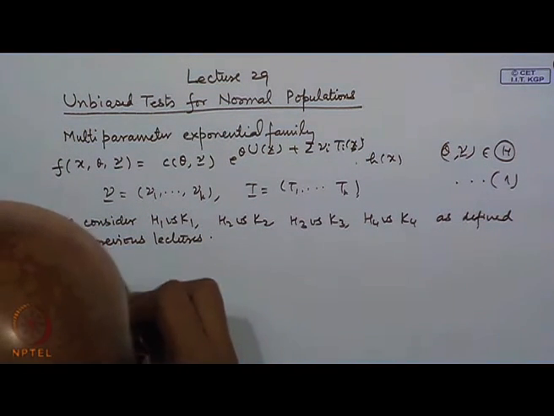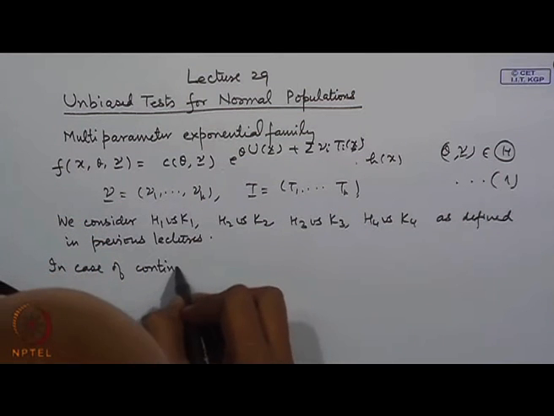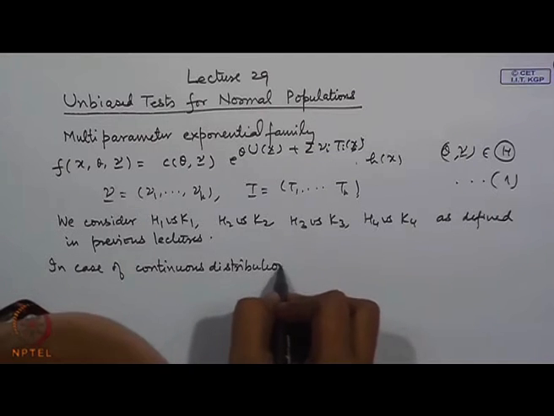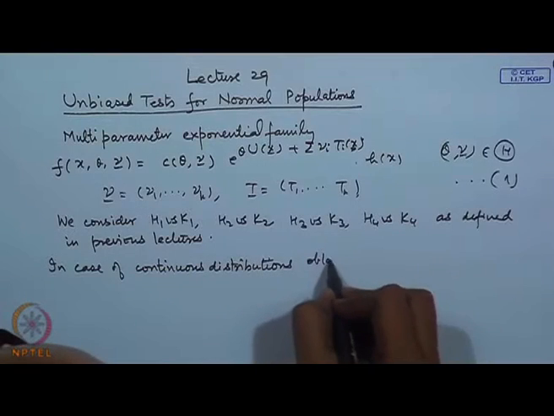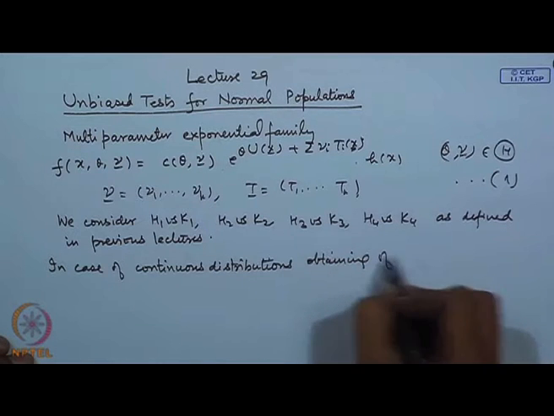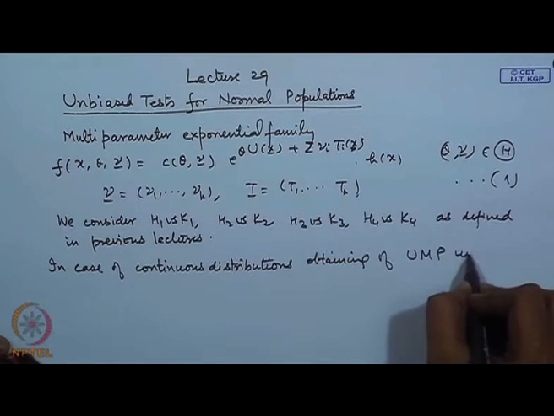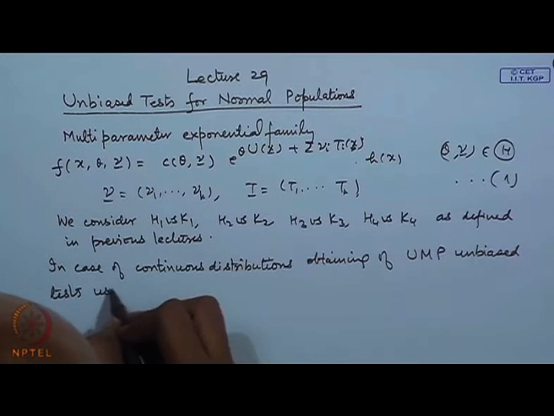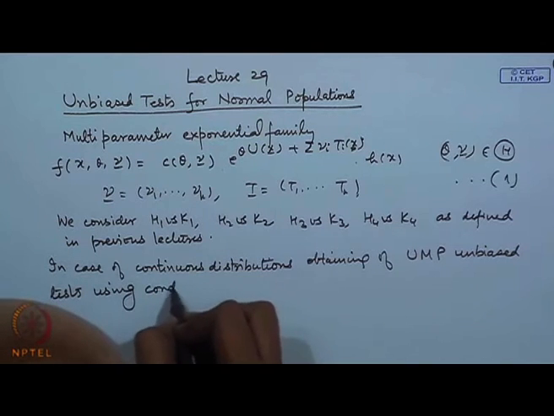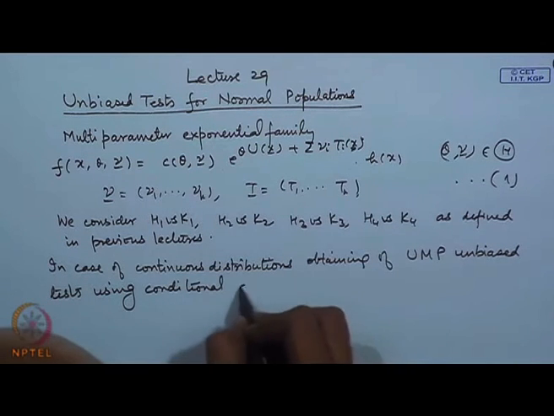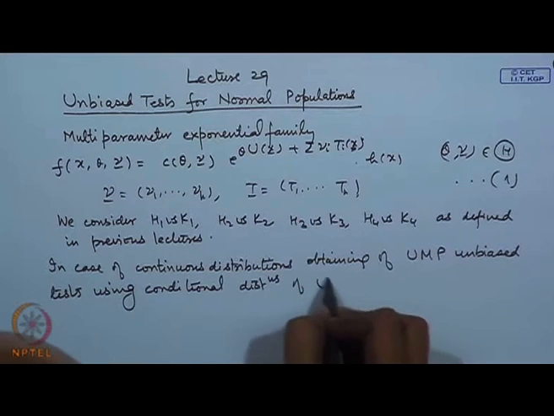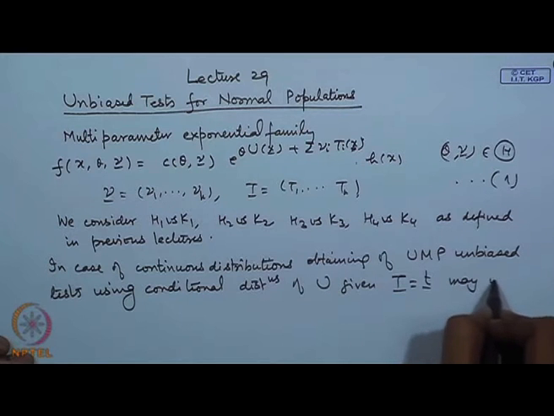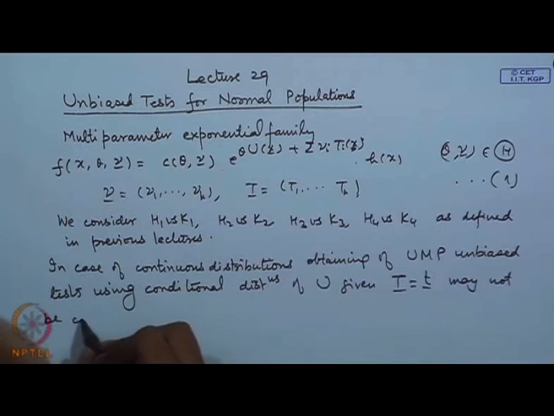In case of continuous distributions, obtaining UMP unbiased tests using conditional distributions of u given t equal to small t may not be convenient.